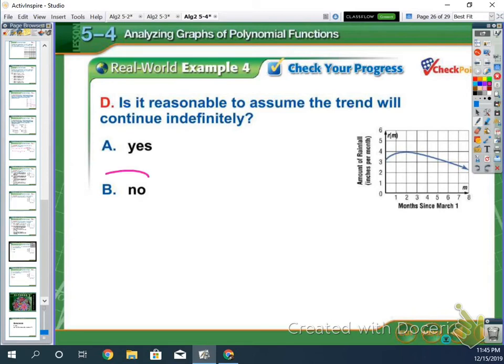No. Why is it not reasonable to assume that? Well, this is going to go down until when? Well, until that following winter ends and starts going into spring. Then we're probably going to get some rain again. It's not like the rainfall continuously goes down forever because a new year starts. So, no, that's not reasonable.